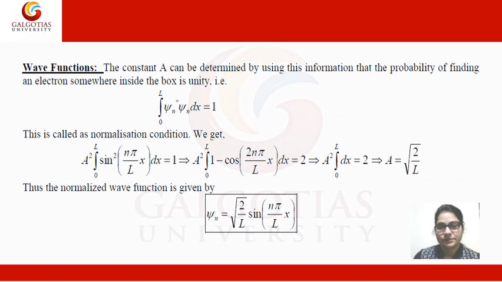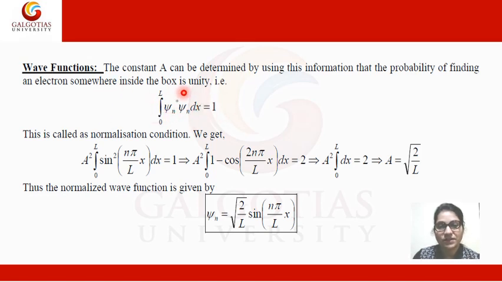Now the wave function we have got from applying all the boundary conditions still has an arbitrary constant A. So we have one property called the normalization property, which we discussed in the lecture on wave and wave function and its properties. We can implement that here.